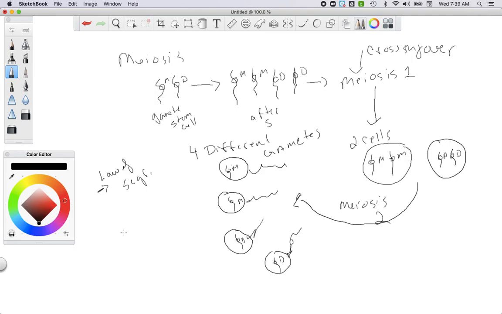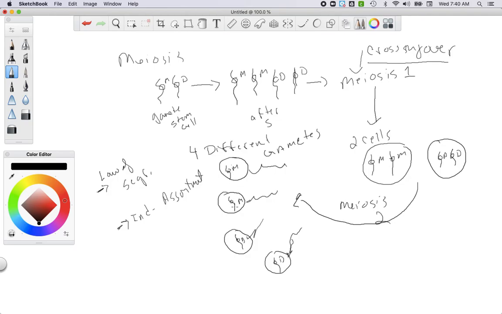The second law is the law of independent assortment. And that's where crossing over really comes into play. Crossing over says that just because you have the M allele for this gene here doesn't mean all the rest of these are going to be M alleles.